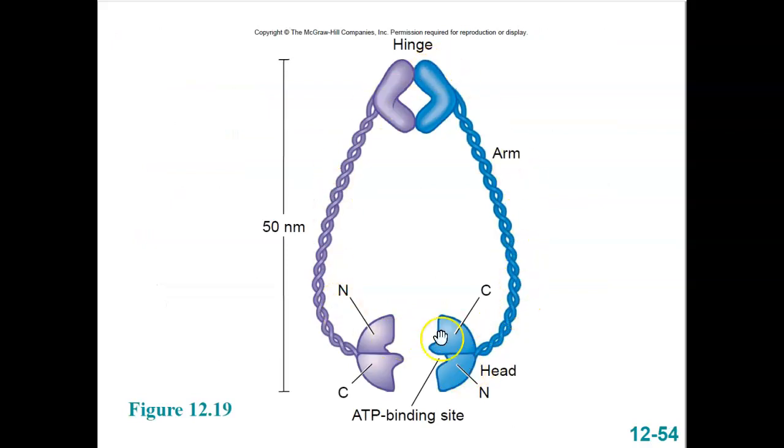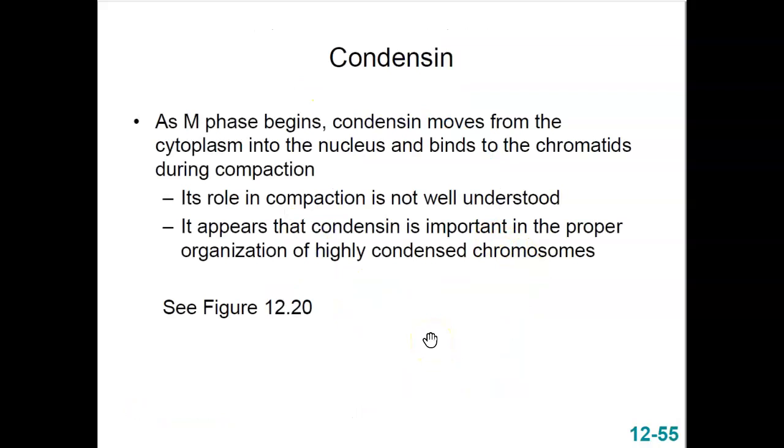So here's an example of one of these proteins. They have certain regions, a head region where ATP can bind right here. We have N and C terminals, and then here's a hinge region. It's pretty big, 50 nanometers. So condensin starts working as M phase begins. Remember, you have to condense these chromosomes up. They help compact the sister chromatids.